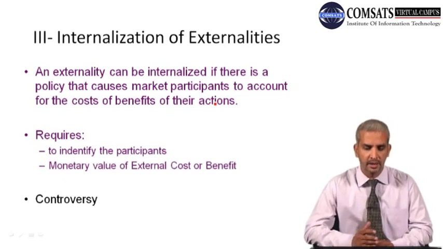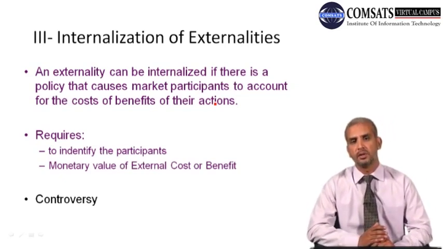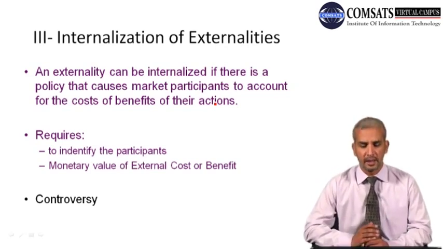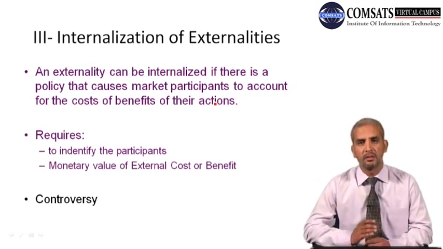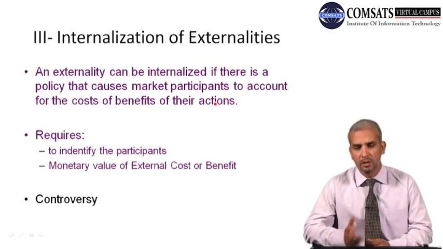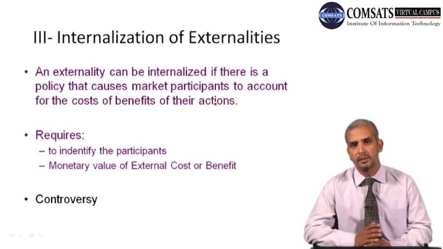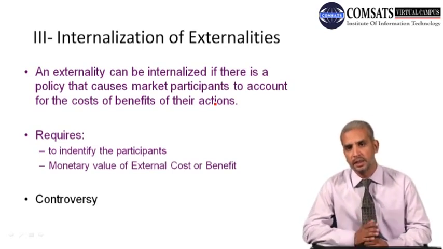And then in the second case, in terms of positive externality, there was marginal external benefit, and in such a case, since marginal private benefit plus marginal external benefit was greater than marginal social cost, we need to increase the output that is being produced.